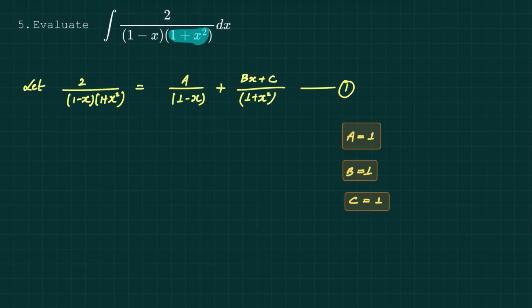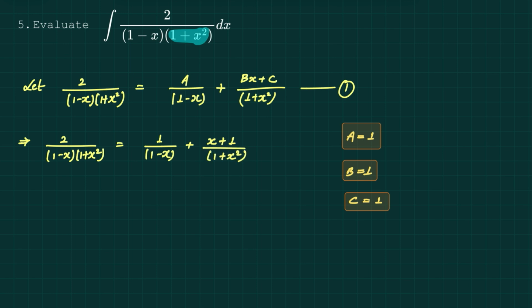Now let us put the value of a, b and c in equation 1. 2 by (1 minus x) into (1 plus x square) equals, the value of a is 1, so 1 by (1 minus x), plus the value of b is 1, so here it will be x, plus c is also 1, by 1 plus x square.